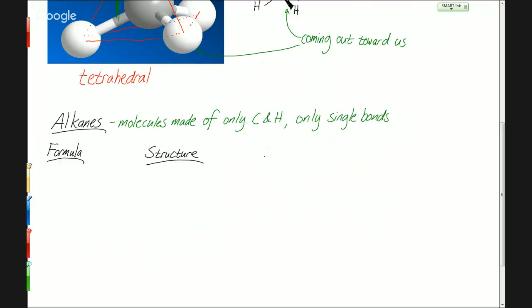Name, and then what we call the condensed structure. I'll tell you what that is when we get to it. It's just a way of writing it. It's a little bit easier and quicker as these things start to get a little bit bigger.